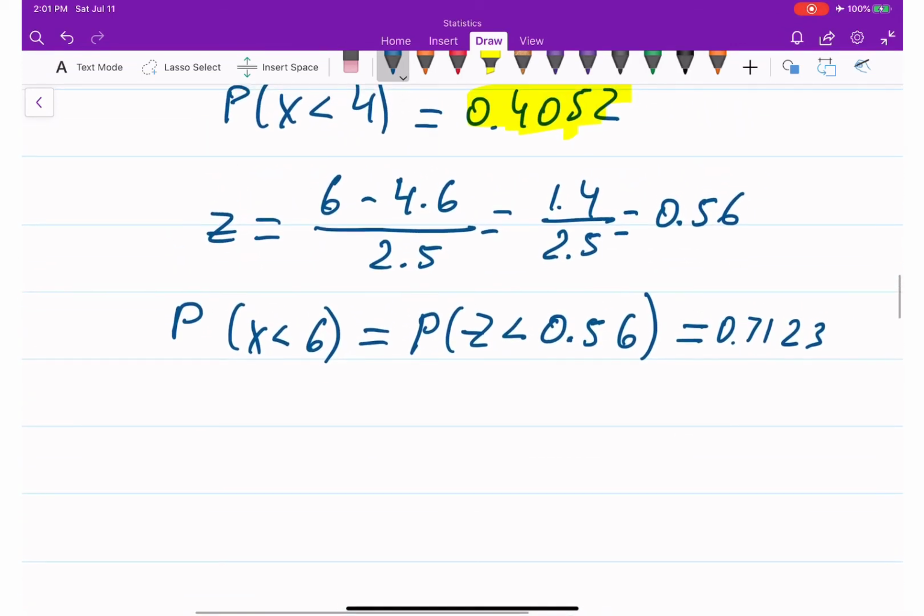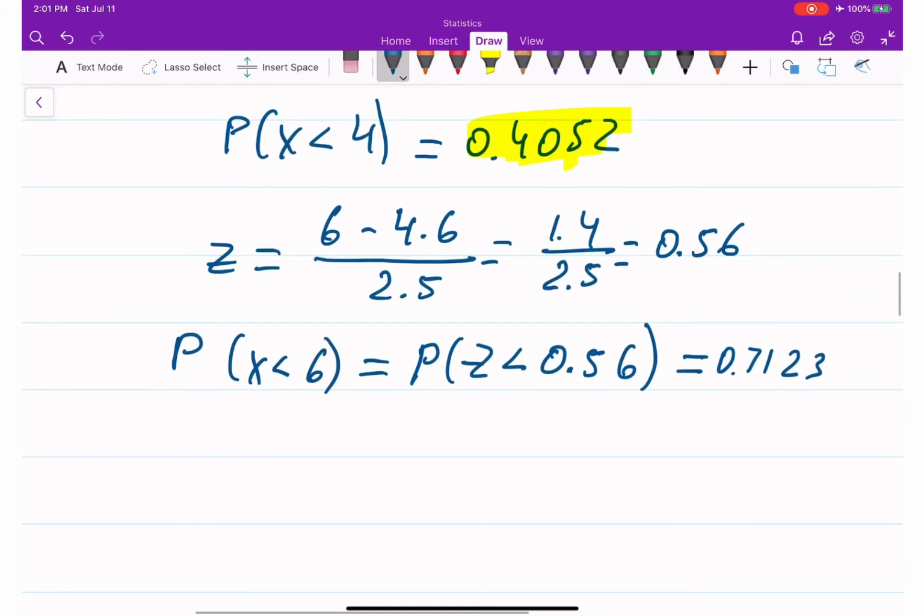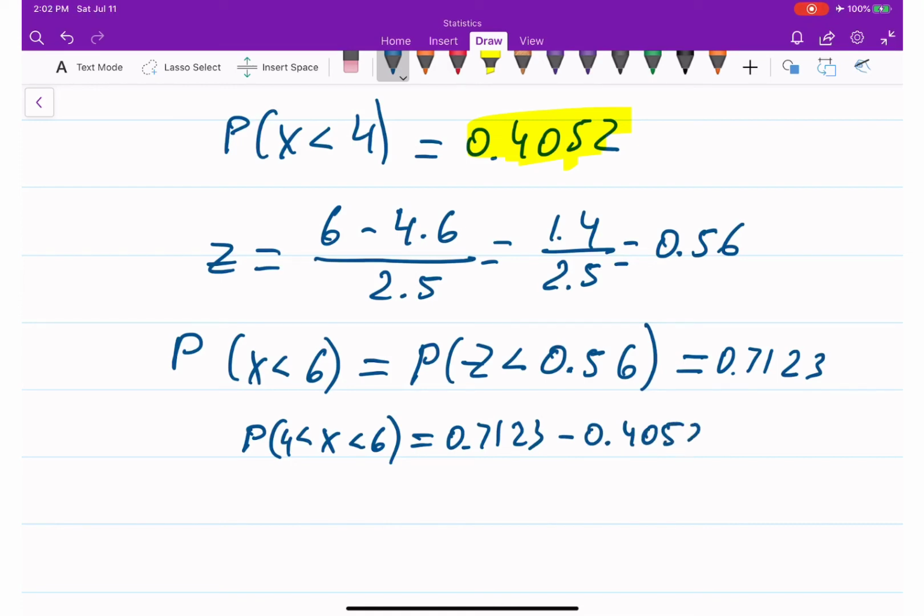Which means the probability x is greater than 4 and less than 6 is equal to 0.7123 minus 0.4052.